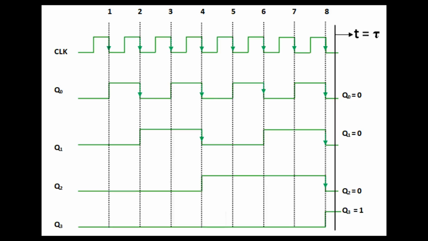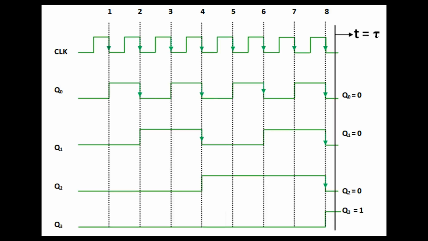When the first falling edge comes, at point 1, a change of state happens to the high value. When the next falling edge comes at point 2, there is a change of state, at point 3 another change of state takes place, and at point 4 the next change of state takes place, and this process will continue until falling edge 8 comes.